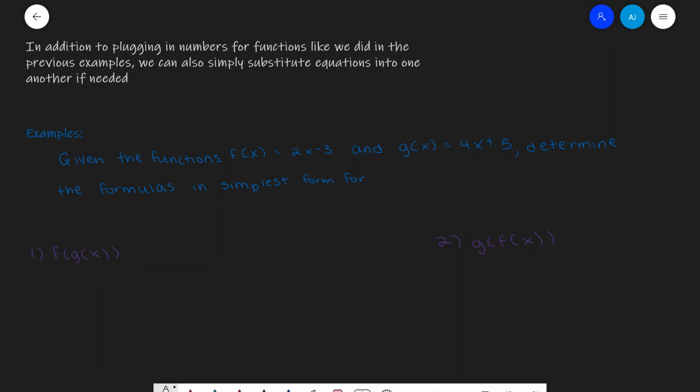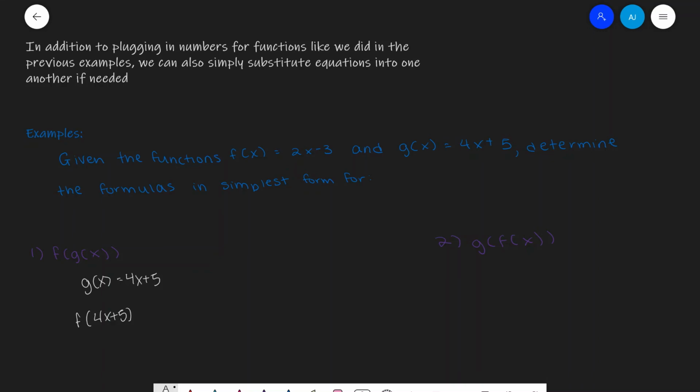For example 1, it asks us to find f of g of x. As we know, g of x is equal to 4x plus 5. This would equal f of 4x plus 5. This is where we substitute 4x plus 5 for every x in the f of x function.